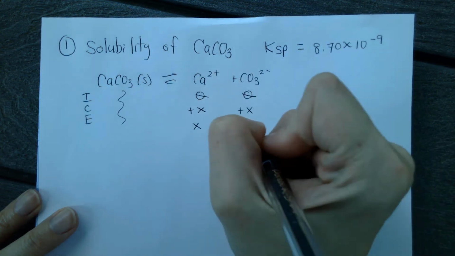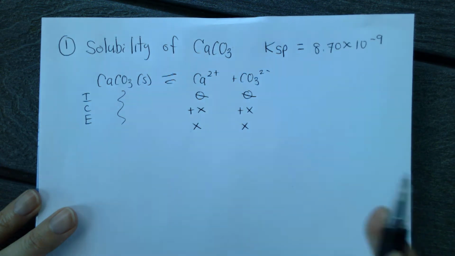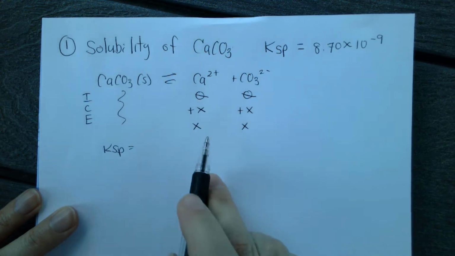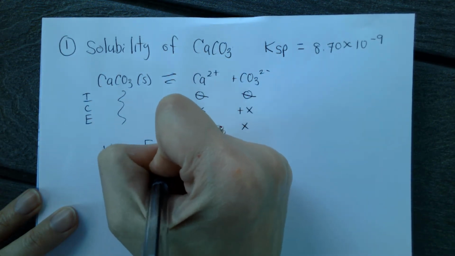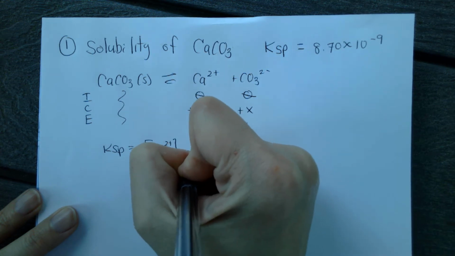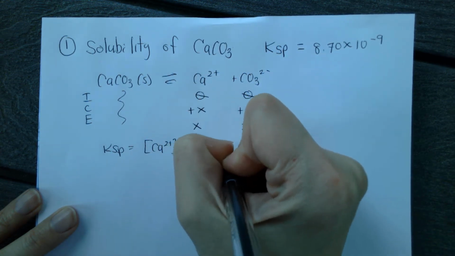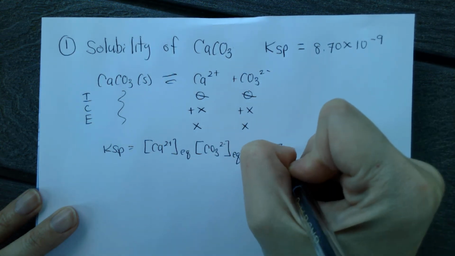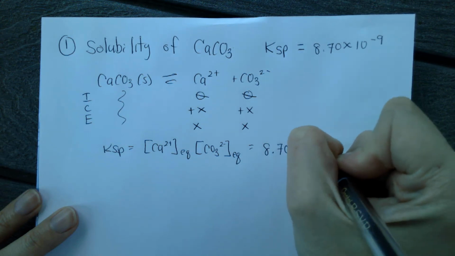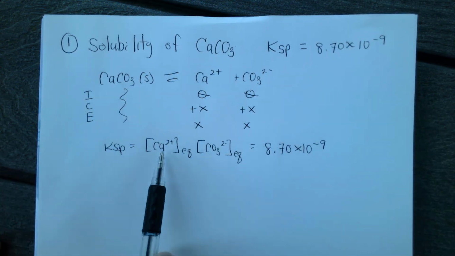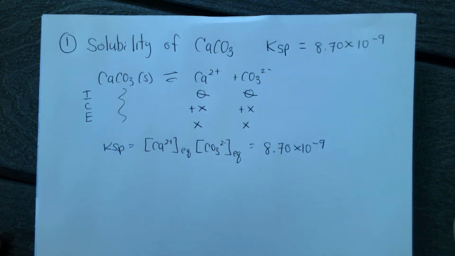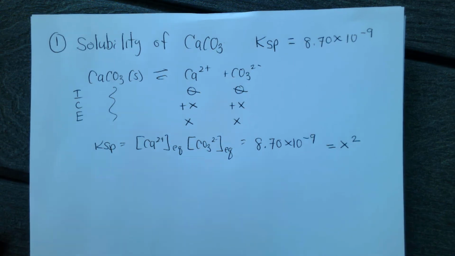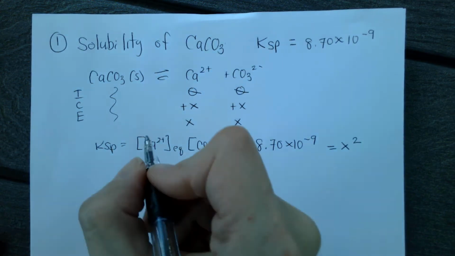At equilibrium, we have x of each. So Ksp equals the concentration of calcium 2 plus at equilibrium times the concentration of carbonate at equilibrium, and that equals 8.70 times 10 to the minus 9. These concentrations at equilibrium are x, so this equals x squared. If we take the square root of both sides, we get x.